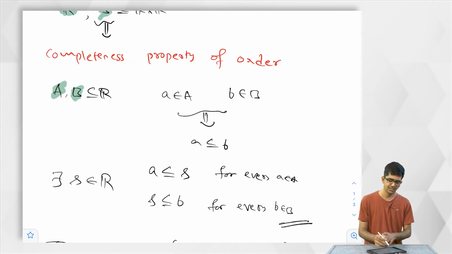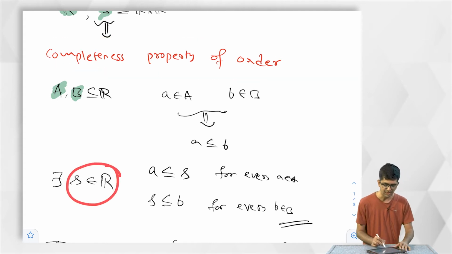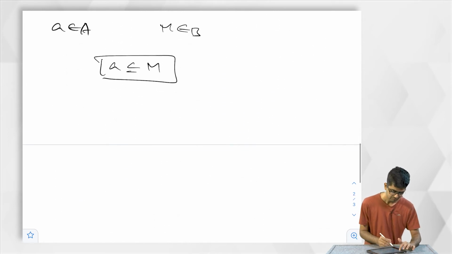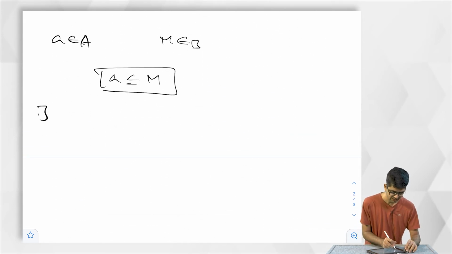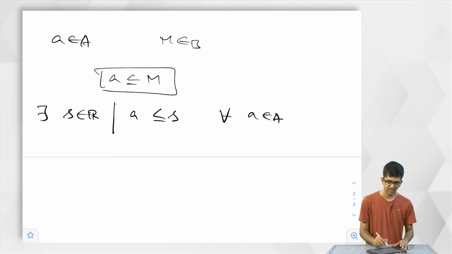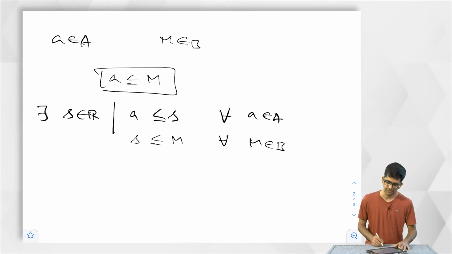Now we can apply this completeness property of the order and say there is an element S belongs to R with this property. Let me write down that. So, what does this say? There is an element S belongs to R such that S is greater than or equal to A for every A belongs to A. Similarly, S is less than or equal to M for every M belongs to B.